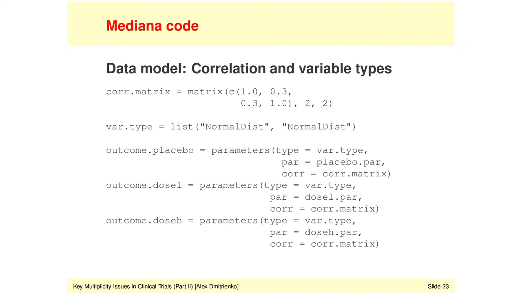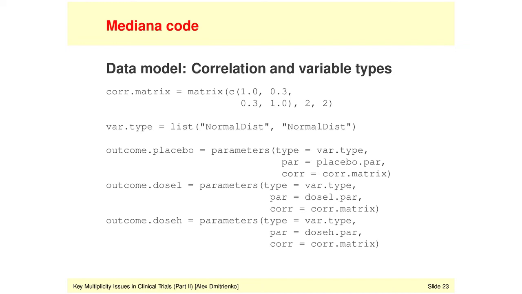Then we specify an object that gives us the marginal distributions of the 2 endpoints, and once again each marginal distribution is normal. Then all this information is going to be combined to define the 3 objects that are called outcome.placebo, outcome dose L, and outcome dose H.